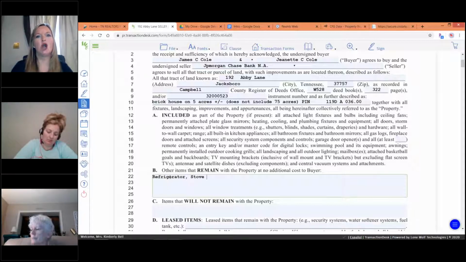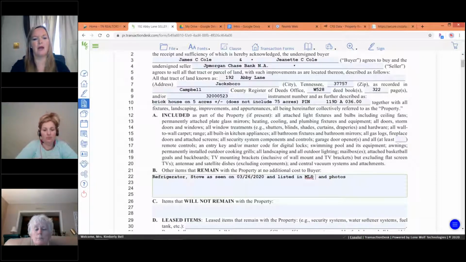And if I was in a hurry, I would put "as seen on and listed in MLS and photos." So if I'm in a hurry, I would put the MLS number, maybe MLS, whatever the MLS is for Abby.